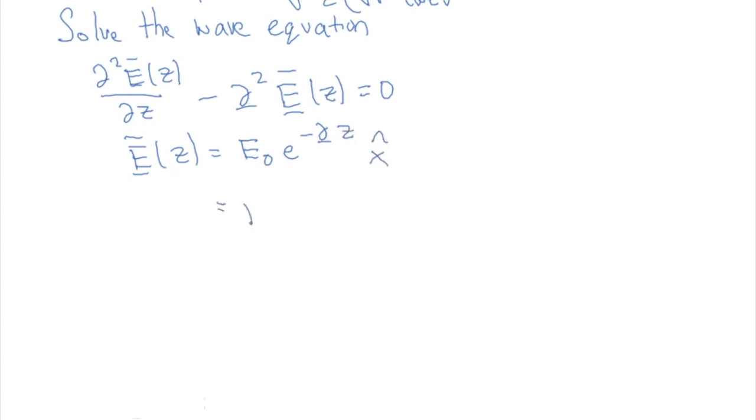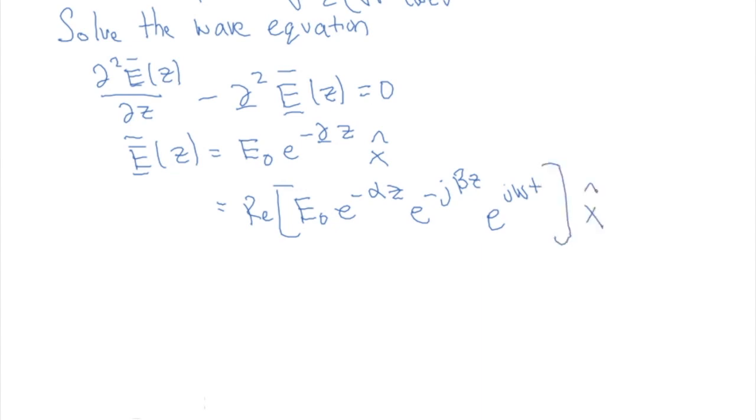And then again, we are going to take the real part of it because it is time harmonic. And we get the real of E naught times e to the power of negative αz times e to the negative jβz times e to the power of jωt, which accounts for, again, the sinusoid.